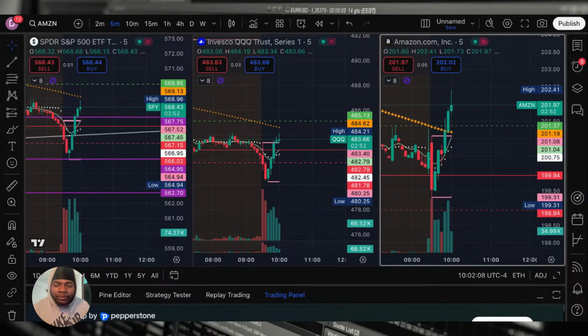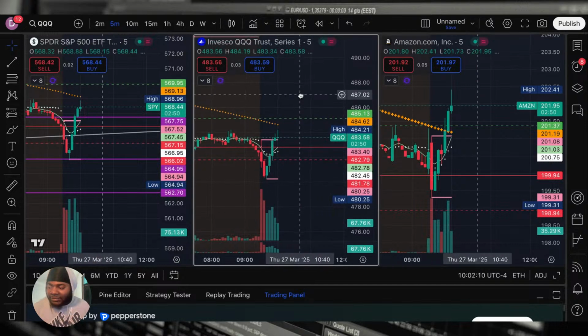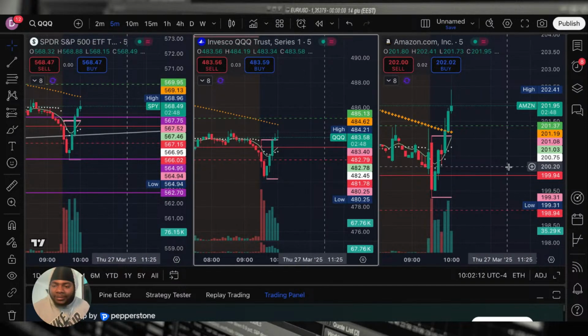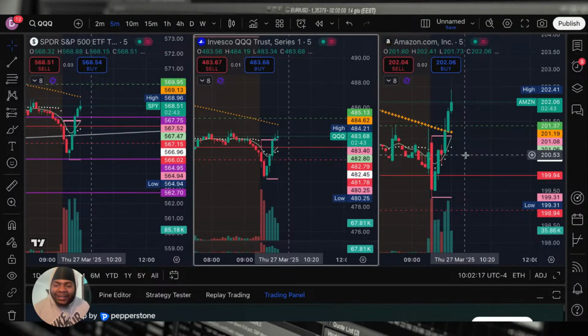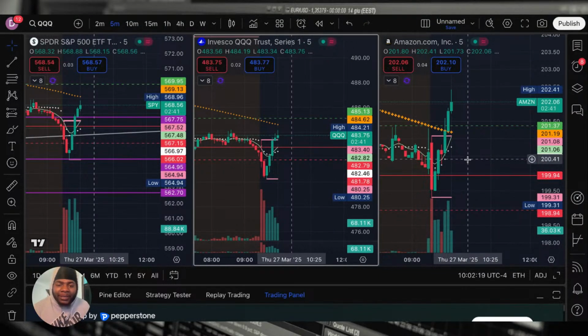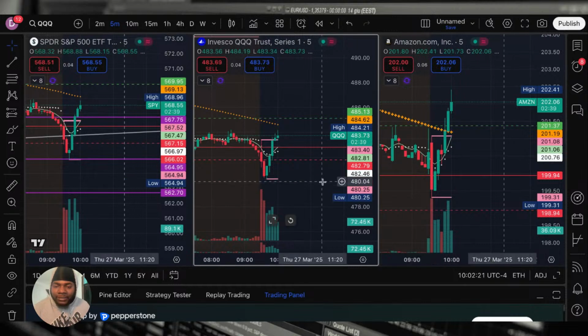I should have taken my 31% right there, but it was moving weird because the candle was moving, but the contracts weren't moving. So I was trying to find the right time to get out, but as soon as it said 31%, it went right back down. You got to be quick with it sometimes, man.